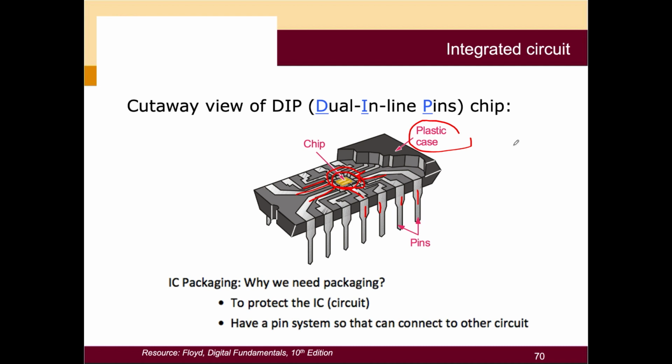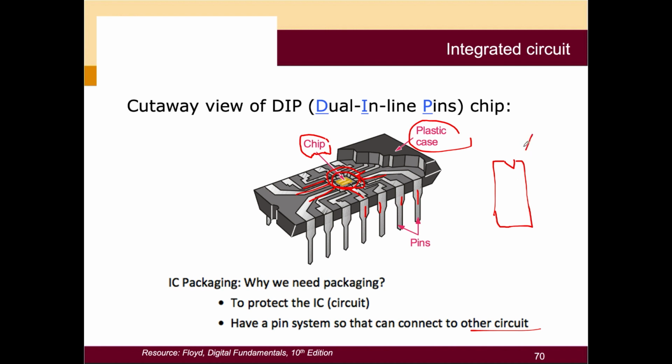So why do we need packaging? Of course, to protect. The first one is your chip inside. It is very important to protect your chip, and to have a pin system so that you can connect to other circuits. If you have the plastic case, you can have the notch or whatever you want to create, by your own.